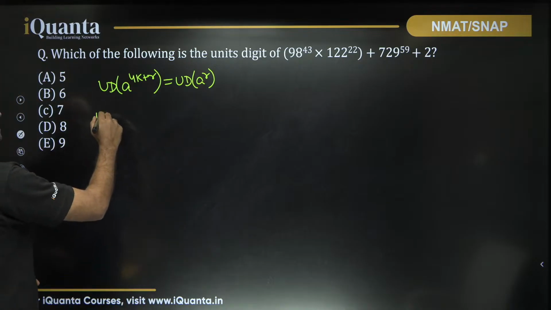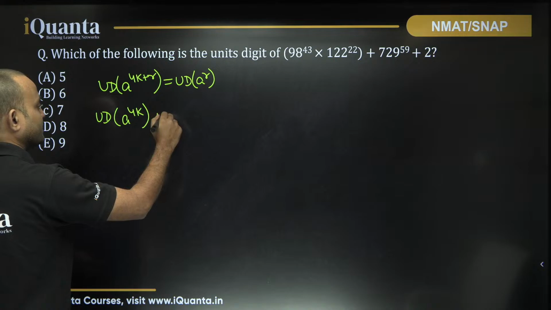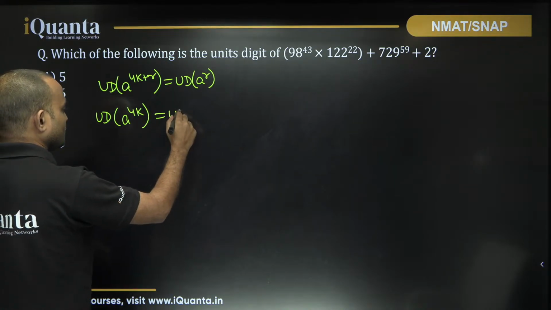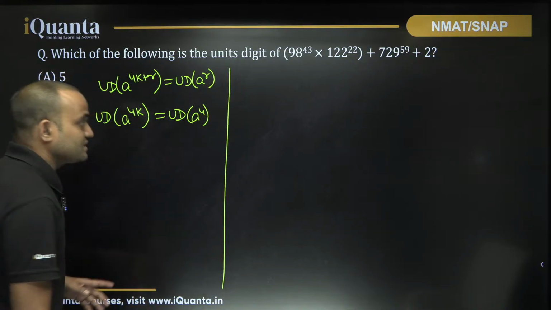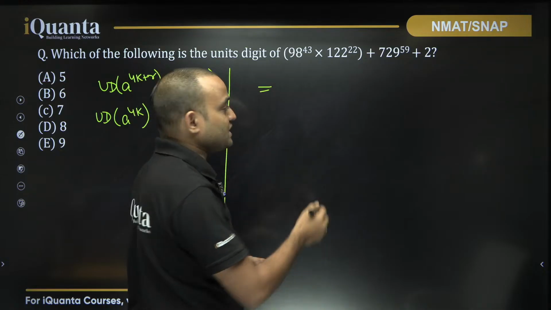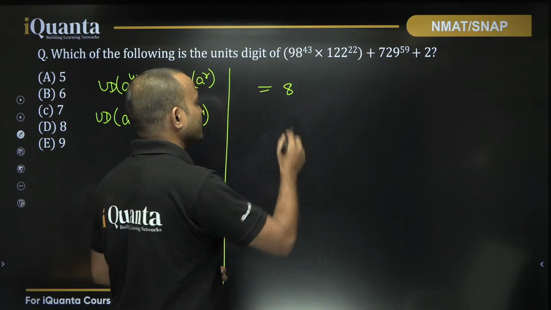Then another thing that we learned is a to the power 4k unit digit will be equal to unit digit of a to the power 4. Now if you use these two concepts, unit digit of 98 will be 8, and if you divide 43 by 4, you get 3.